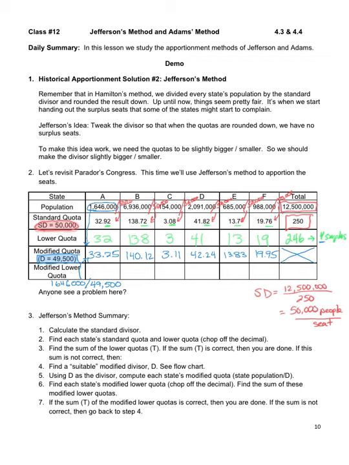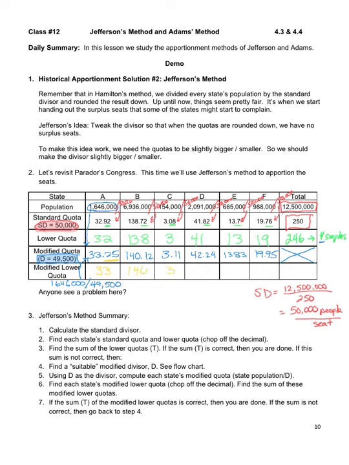Since they've actually been truncated, we've just written the first 2 decimals down as we see them on our calculator. Not really concerned with what their total is. What we're more concerned with is what the modified lower quotas add up to once they're rounded down. So for state A, because again we're just cutting off that decimal, we round down to 33. B rounds down to 140.